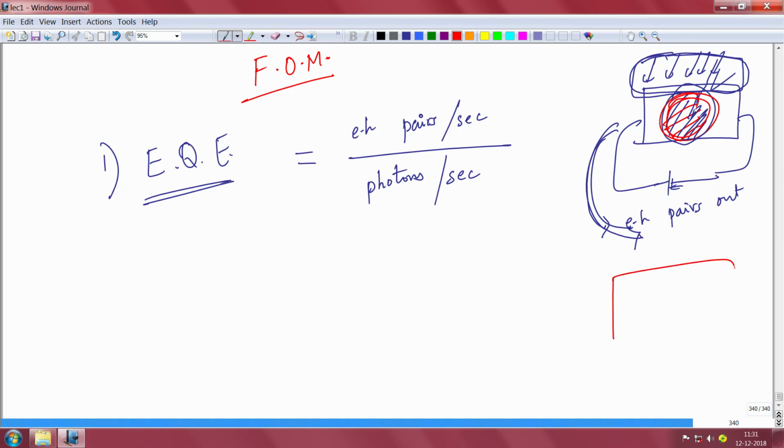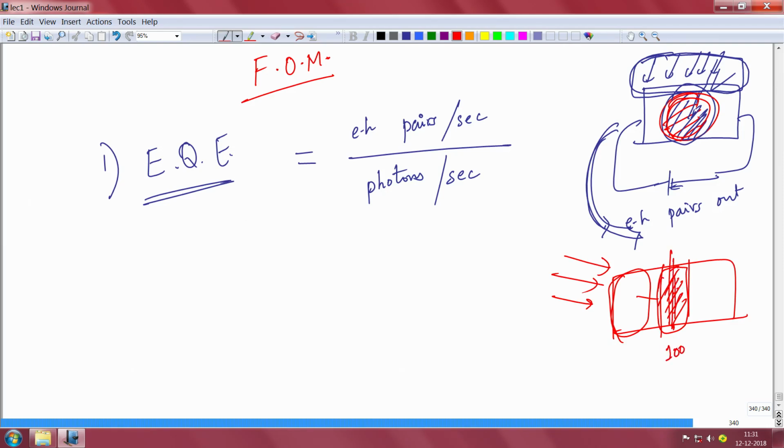Suppose you have a PN junction, and this is the depletion region. You are shining light, some of the photons will get wasted in the neutral region, and only a fraction will reach the depletion region, which is the active region. Suppose 100 photons have reached here.